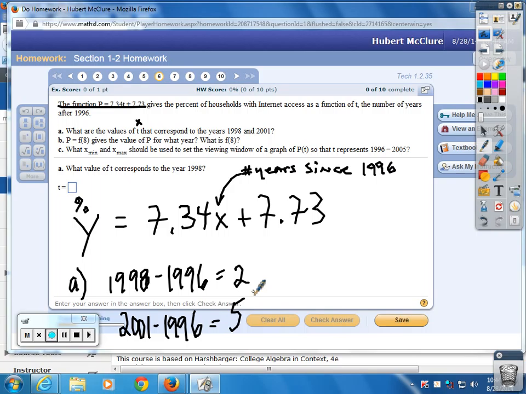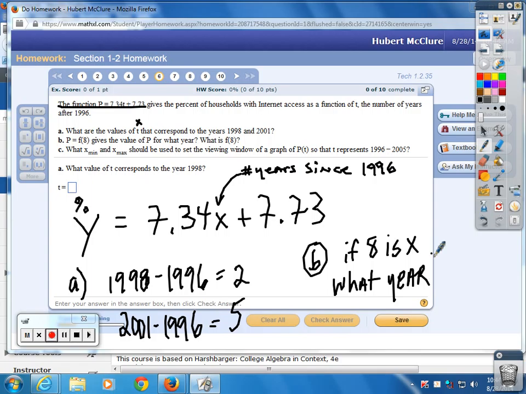Now, P is equal to f of 8 gives the value of P for what year? What is f of 8? 8 is x. If 8 is x, what year does that represent? F of what?